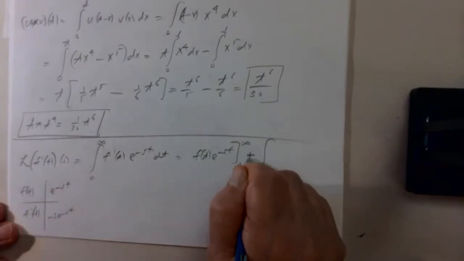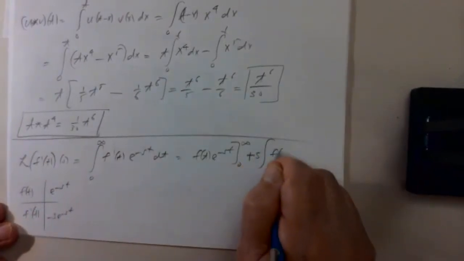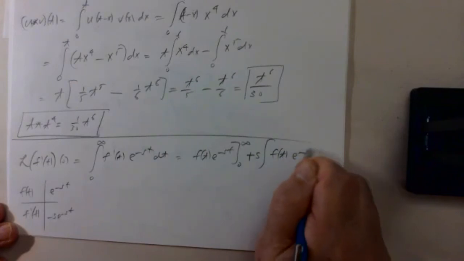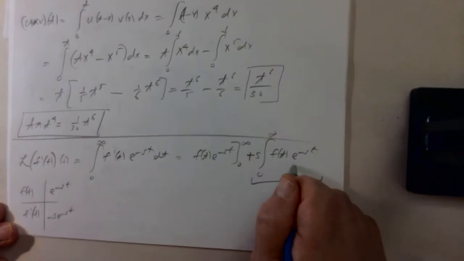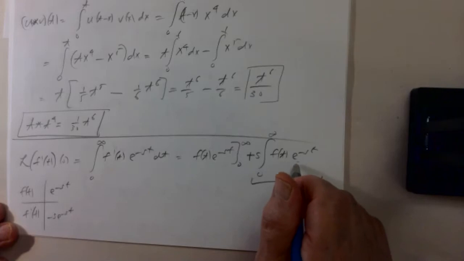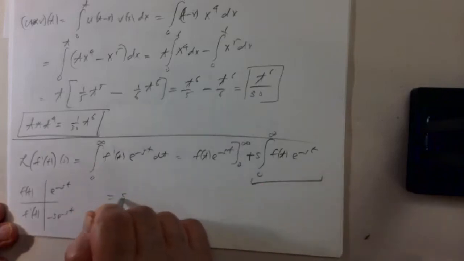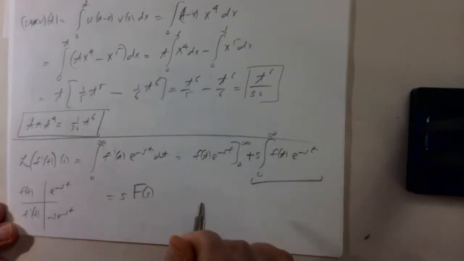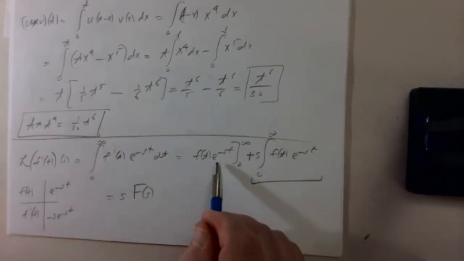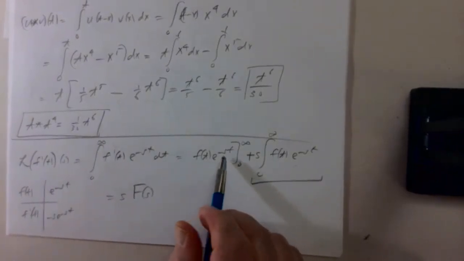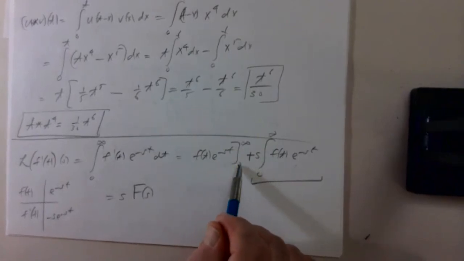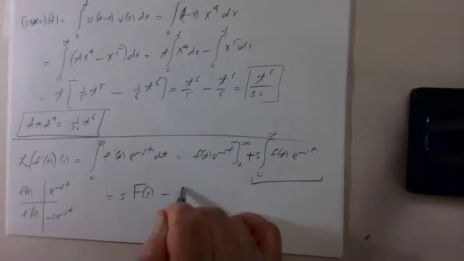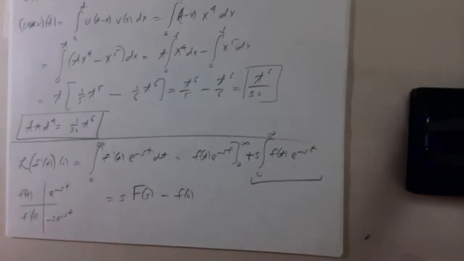Minus times minus makes this plus s, f of t, e to the minus st. This is just the Laplace transform of f, which is capital F of s. As t goes to infinity, f of t, e to the minus st goes to 0. So you just get minus what this is when t equals 0, which is minus f of 0.